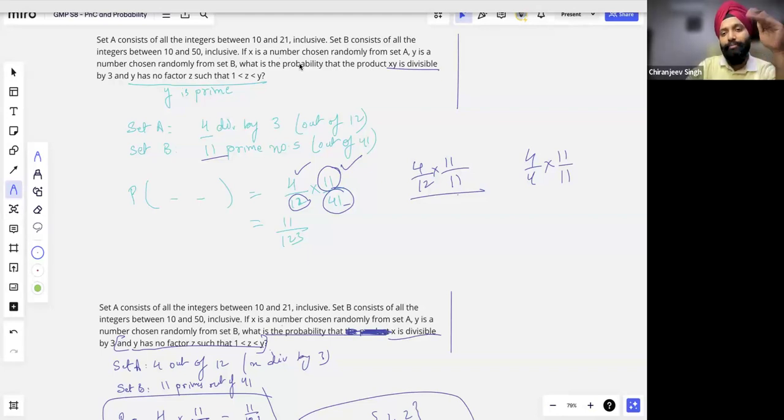Anybody would like to explain if you have a reason why the answers should be different?